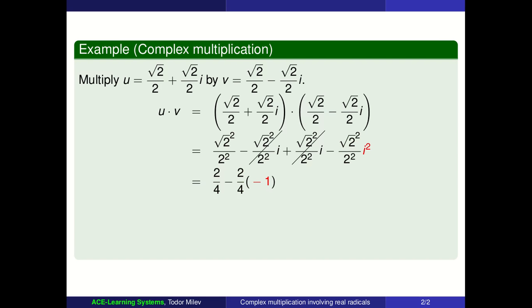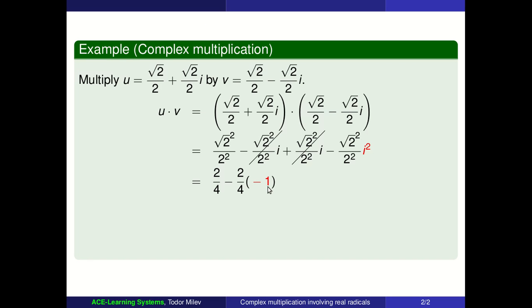But here's a new thing. Remember, I was the imaginary unit, so we had that I was the number whose square was equal to -1. So when we square I, we get -1. So that I squared is replaced with this real number.